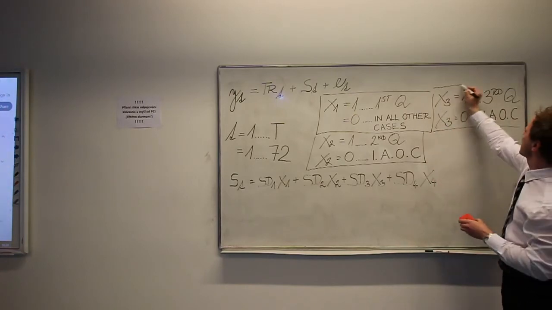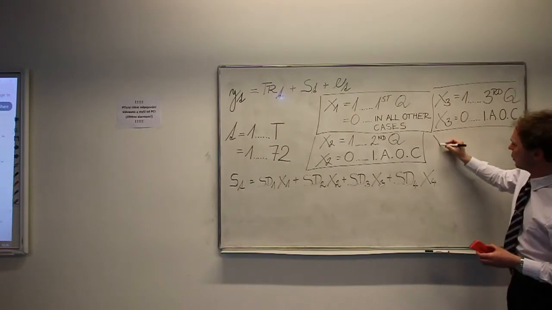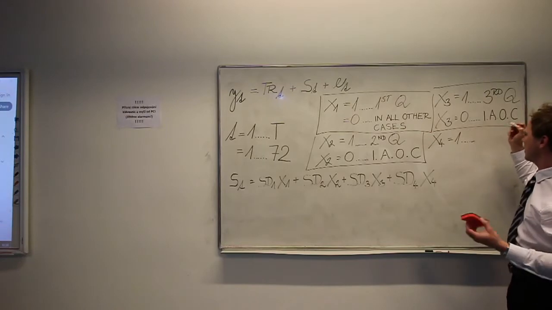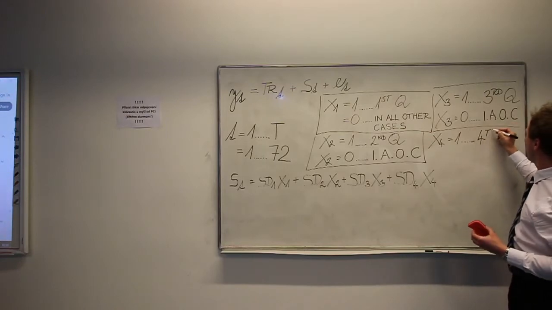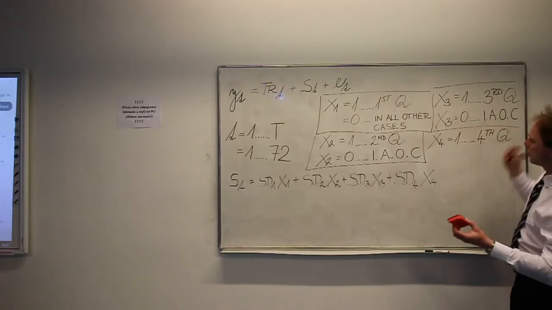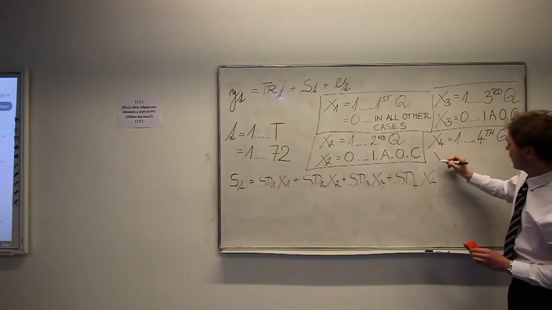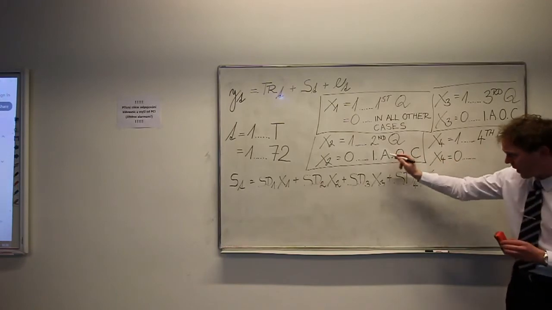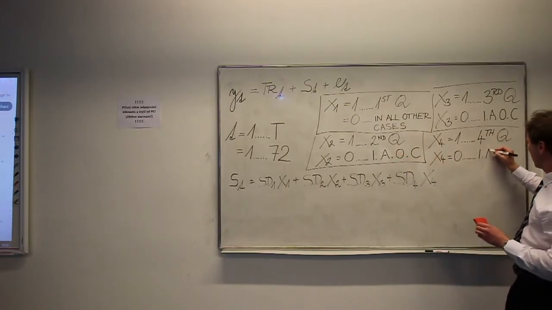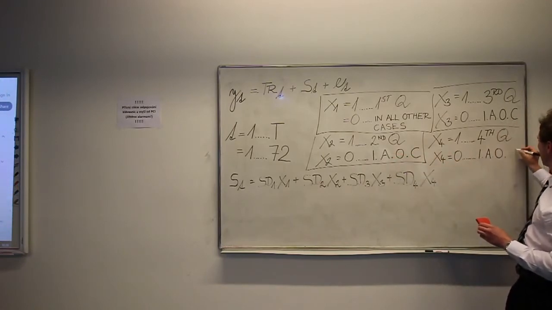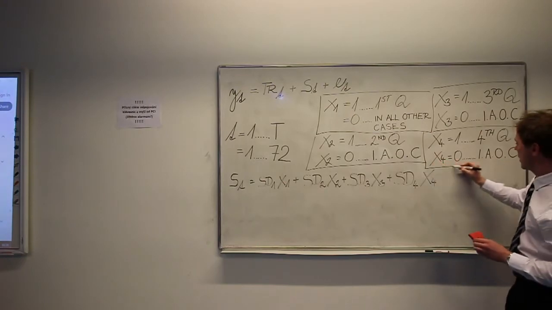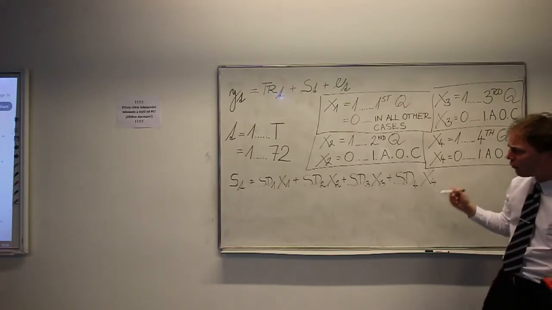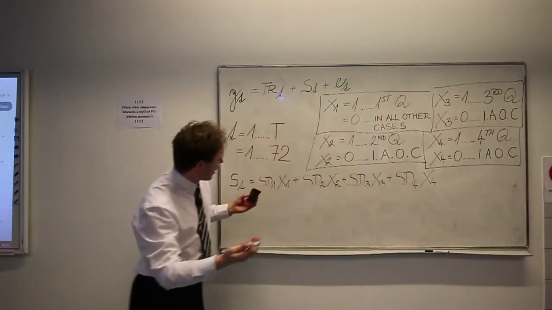So this is the third situation, and the fourth situation: x4 is equal to 1 in the case that we have a fourth quarter of the particular year, and x4 is equal to 0 in all other cases. So this is the structure of dummy variables.